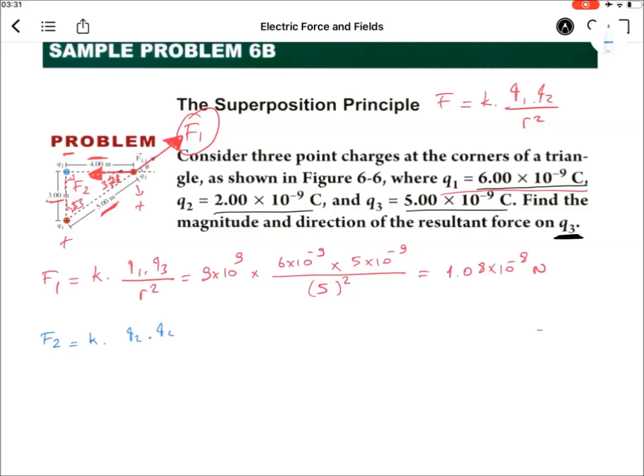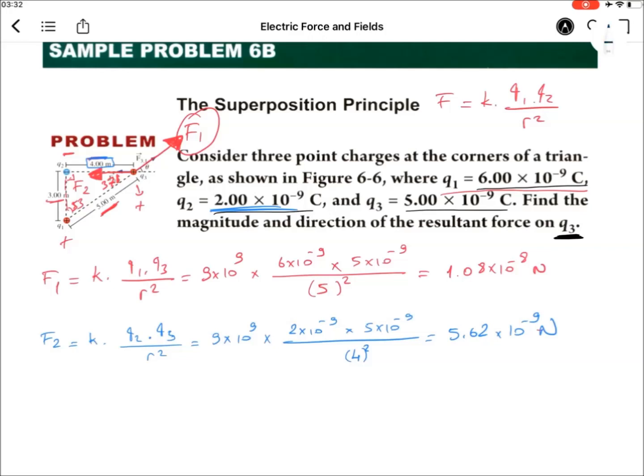So again, 9 times 10 to the 9 multiplied by Q2, which is 2 times 10 to negative 9, multiplied by Q3, which is 5 times 10 to negative 9. The distance between them is 4 meters, so it will be 4 squared. So the result is going to be 5.62 times 10 to negative 9 Newton.